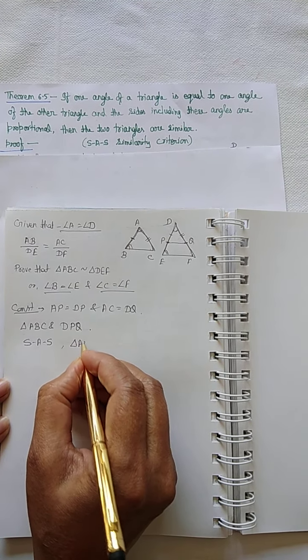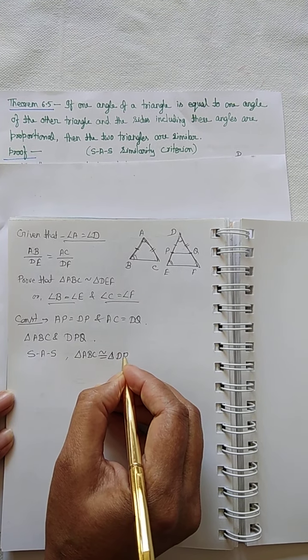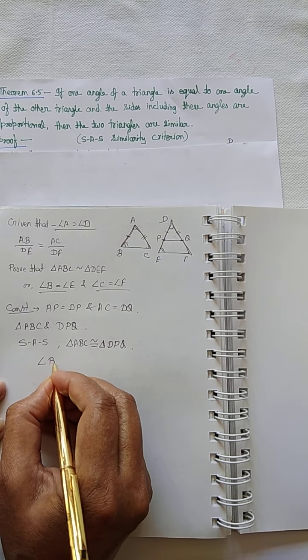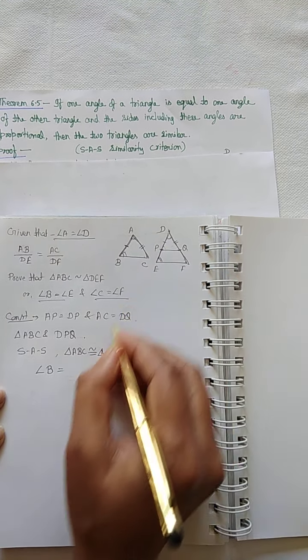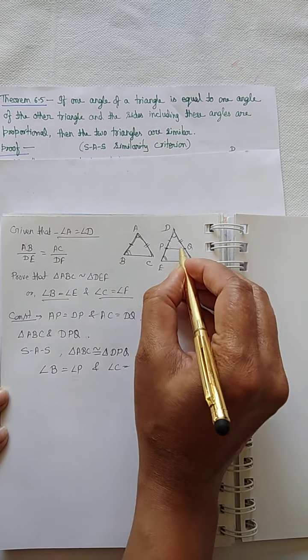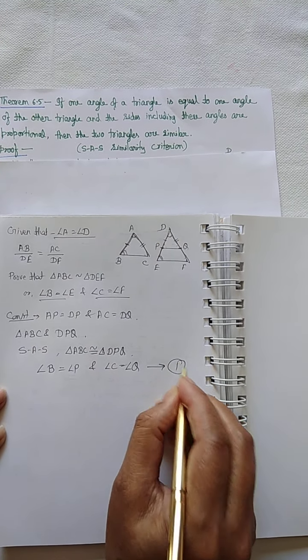So triangle ABC is congruent to triangle DPQ, or we can also say that angle B equals angle P and angle C equals angle Q. We can make it as 1.